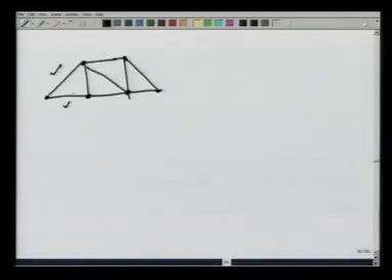This we have calculated, this we have calculated. The only member left is FCE. Let me write this again: A, B, C, D, E, F. For this, I will take point C, which is in equilibrium under the forces of FCD.